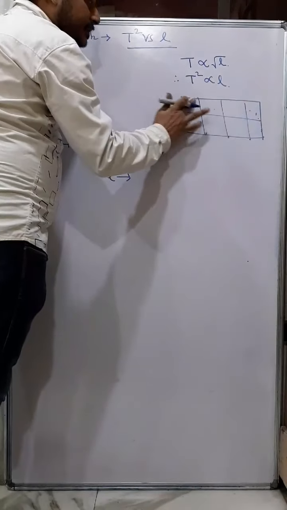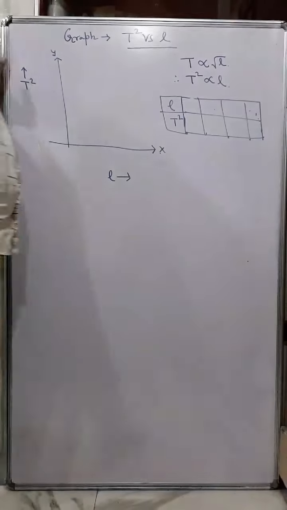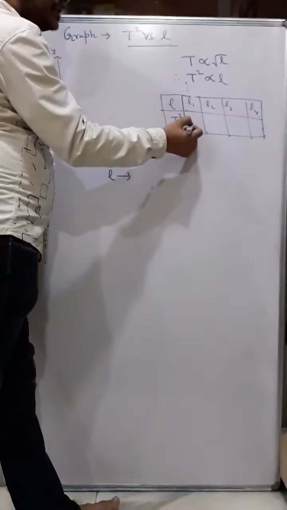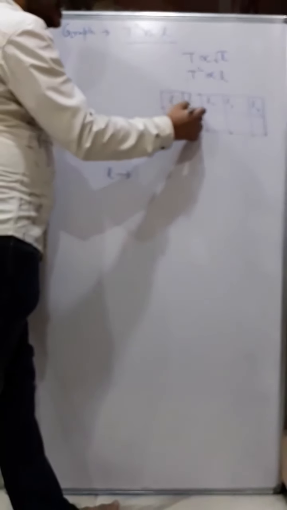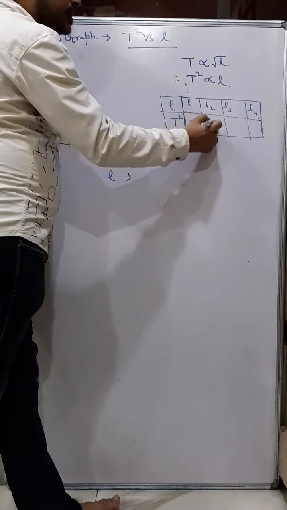Sorry, let us do it this way. Suppose this axis is the length of the pendulum and this is T square, time period square. The first value I got is L1, the second L2, third L3 and fourth L4, and by this we calculate the time periods T1 square, T2 square.